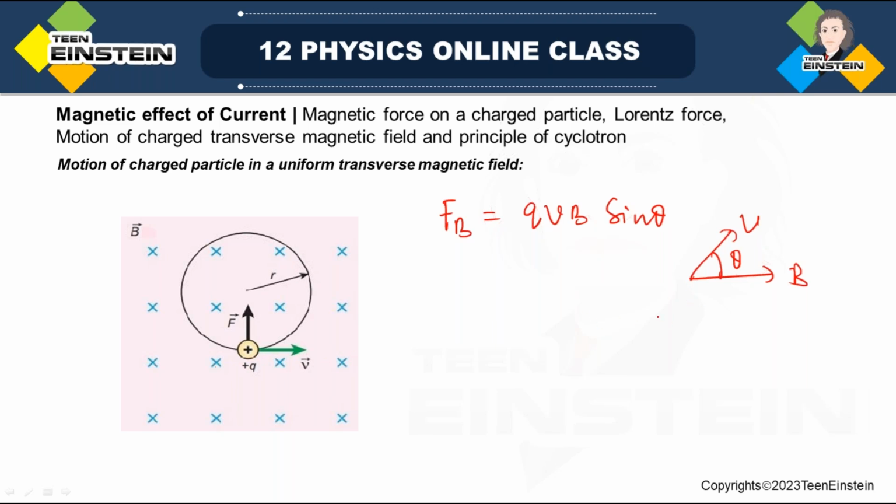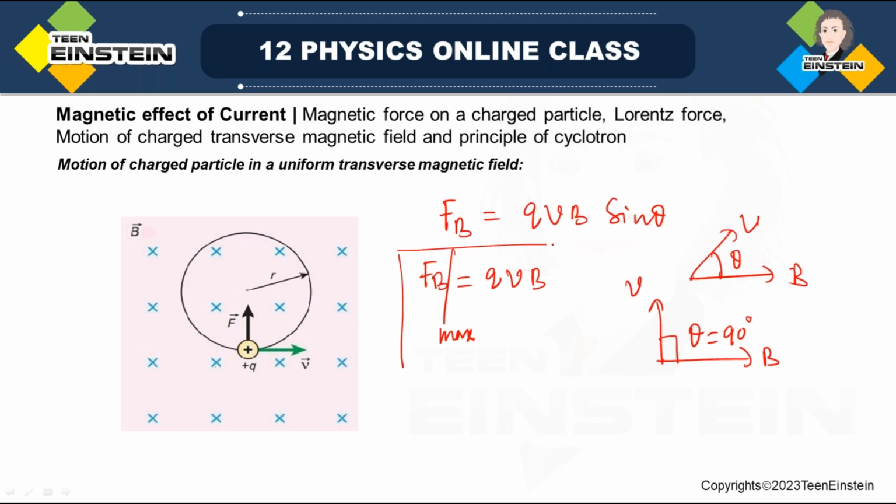That means the magnetic field and the velocity vector have an angle theta equal to 90 degrees. That means the magnetic force on the charged particle will be maximum here: qvB sine 90 degrees, which is 1. So this is the maximum force, and the charged particle will experience the maximum force.